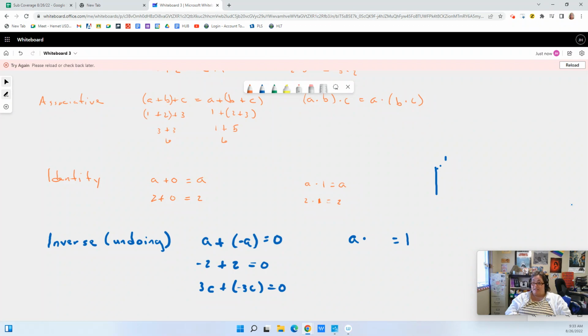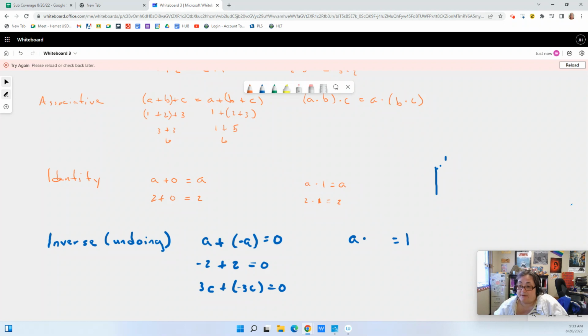We had a positive, we needed a negative, right? We did an opposite. Here we're talking about the inverse with multiplication. What could we multiply times A to equal 1?